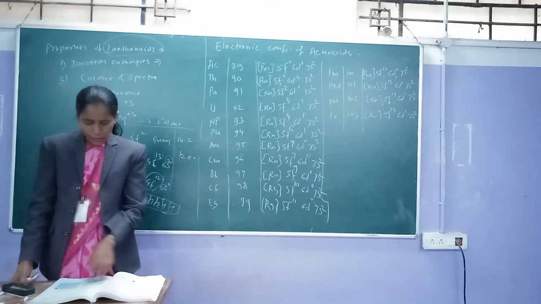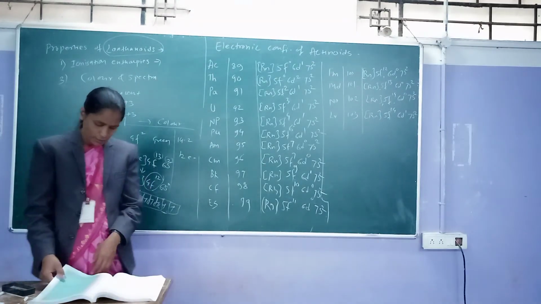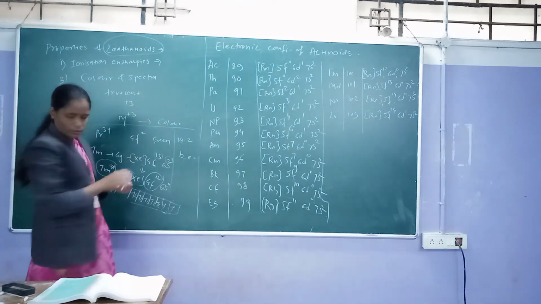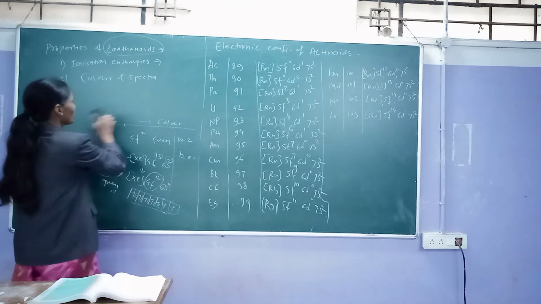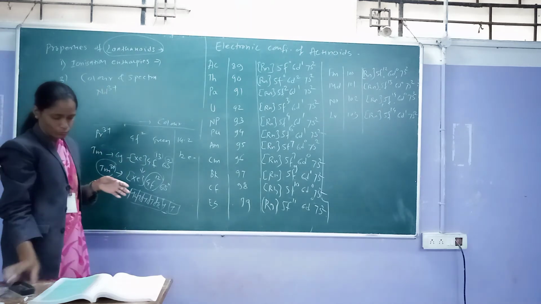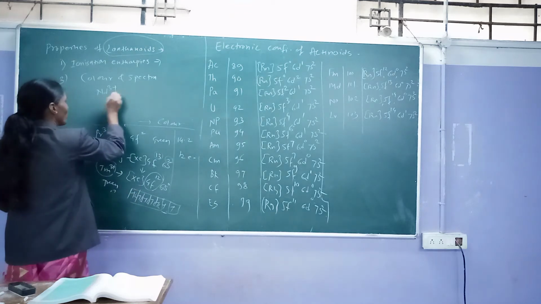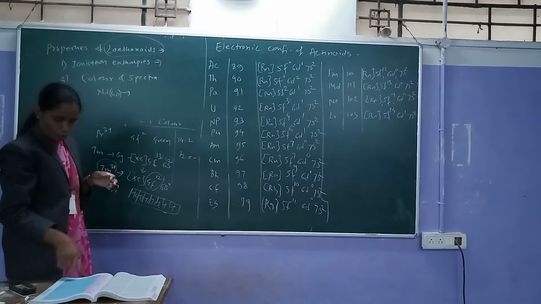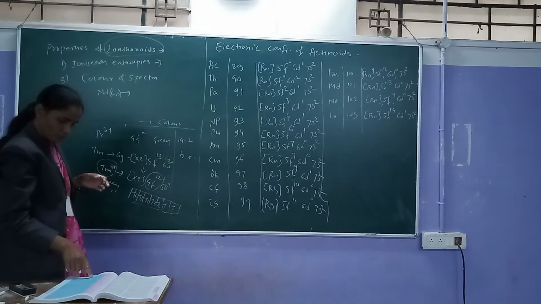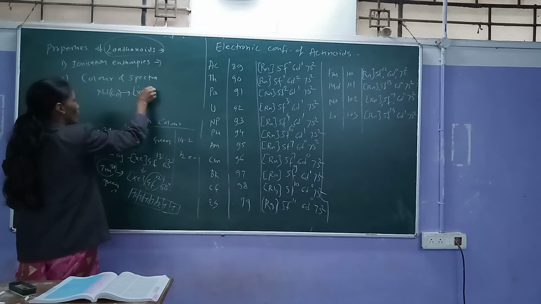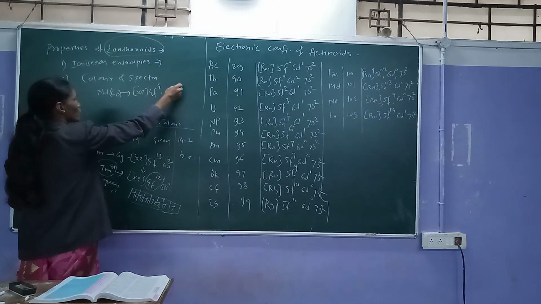Again, Nd3+, neodymium, atomic number 60. The electronic configuration is xenon 4f4 6s2.